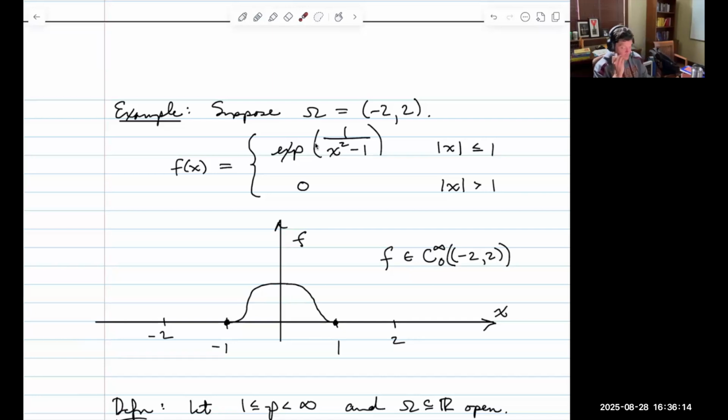So is it true? I'm going to ask that you prove this in either the next homework or in the current homework or the next one. And it's not hard to verify. It turns out that all of the derivatives of f as I approach -1 from above approach 0.